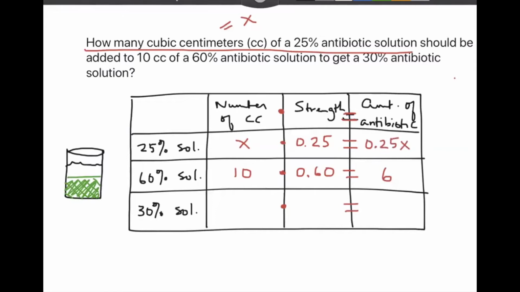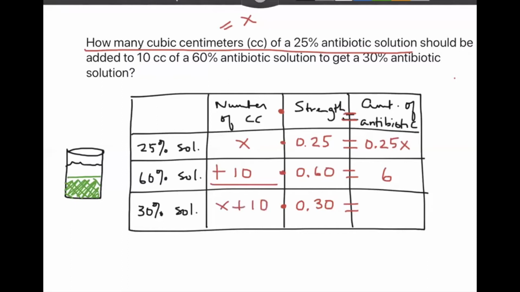All right, we are almost to the point where we have an equation. So here's how I'm going to finish it off. We want a 30% solution. So the strength of that is going to be 0.30. How many cc's will be in that 30% solution? Well, the 30% solution is a mixture of 10 cc's of one solution and x cc's of another solution. So that's going to give us a total of x plus 10.